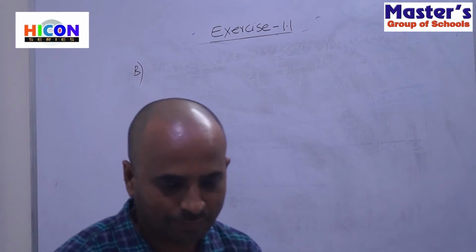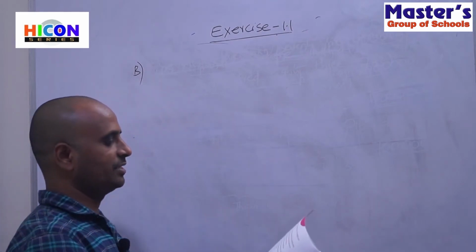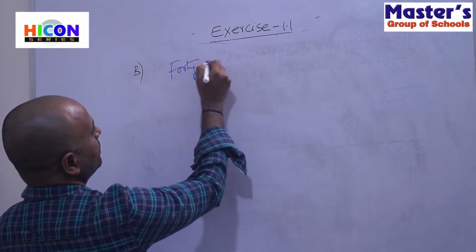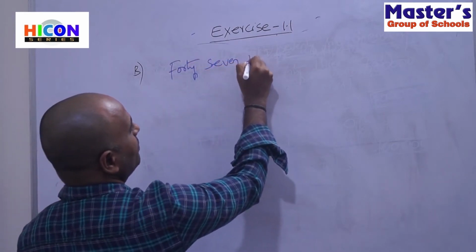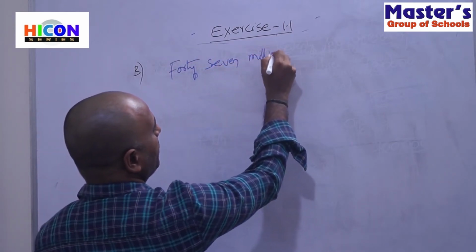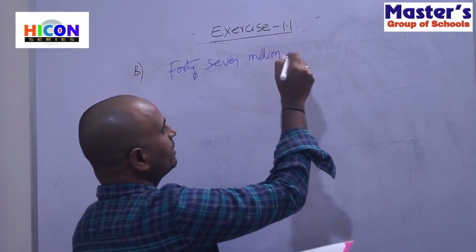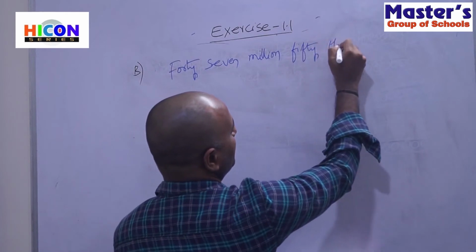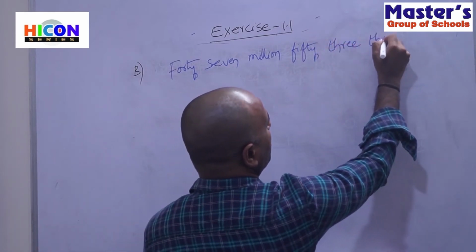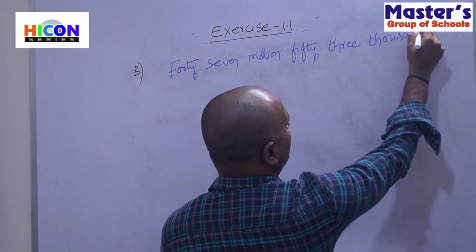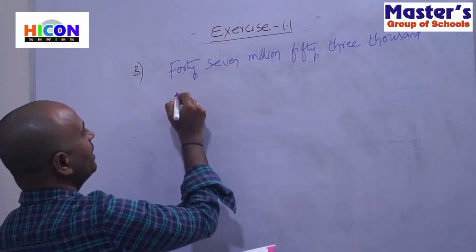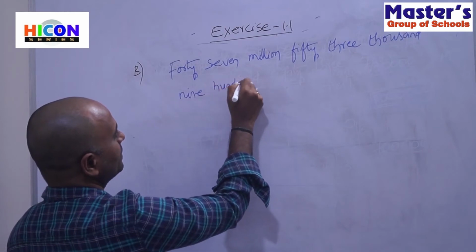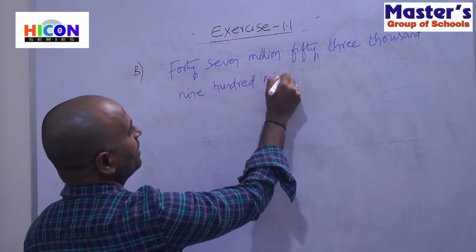The another problem in international system of numeration is 47 million 53,000 909.